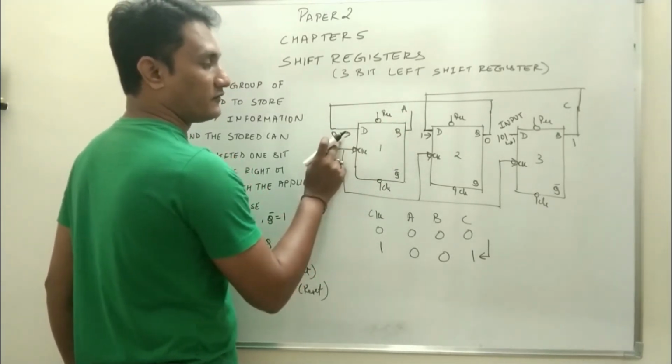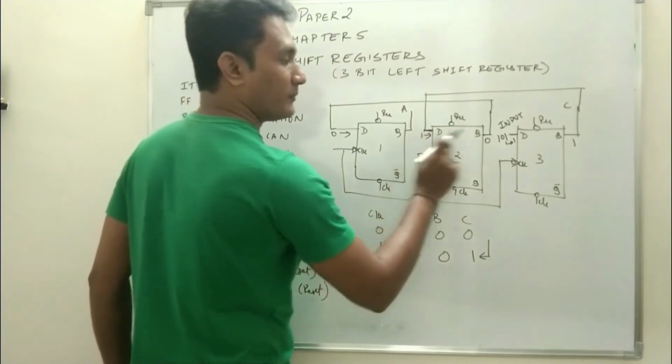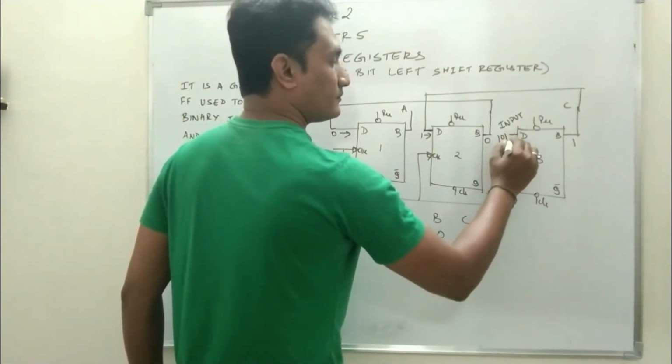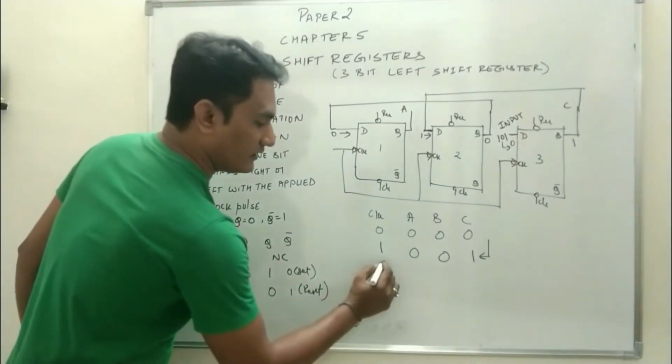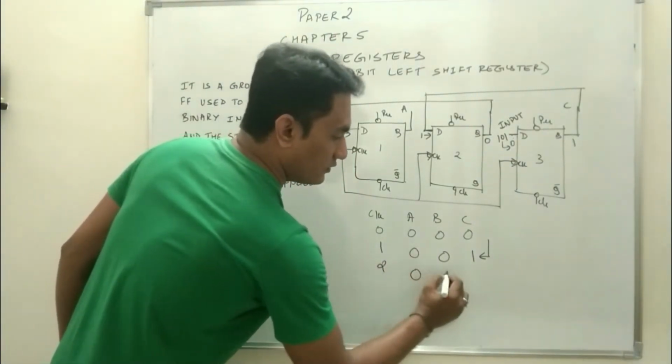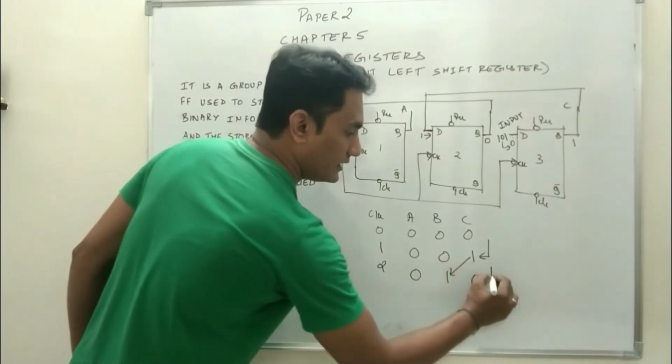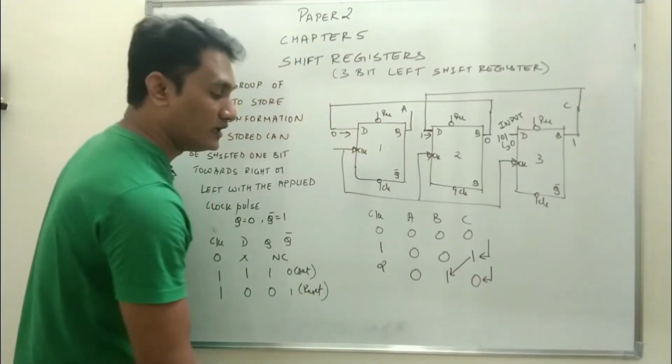Input for the first flip-flop is 0, input for the second flip-flop is 1, and input for the third flip-flop is the new data, which is 0. So at the end of the second clock pulse, the state will be 0 1 0. That means 1 at C has transferred to B and new data has entered into C.